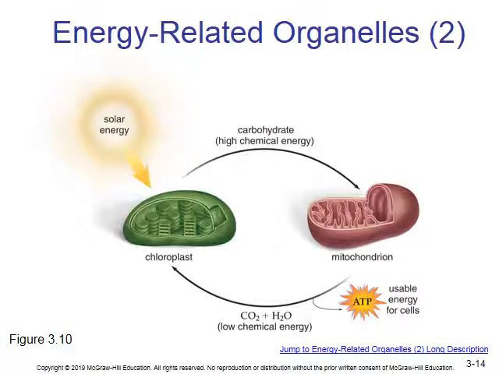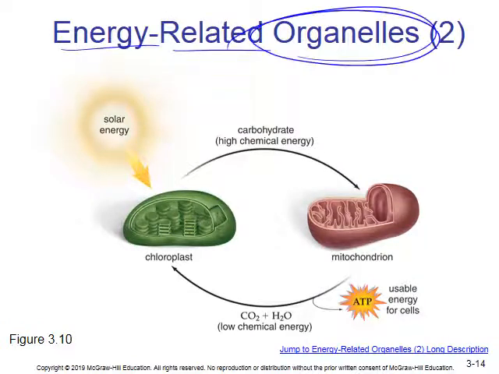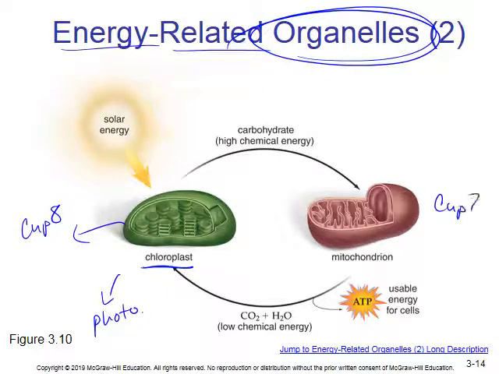My favorite topic here, energy-related organelles. So we're going to talk in chapter 8 about chloroplasts and how plants carry out photosynthesis. And then in chapter 7, we're going to talk about mitochondria and how they generate ATP energy through a process known as cellular respiration.